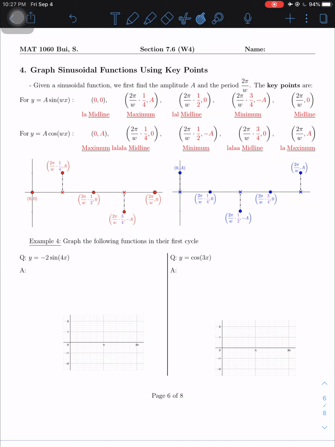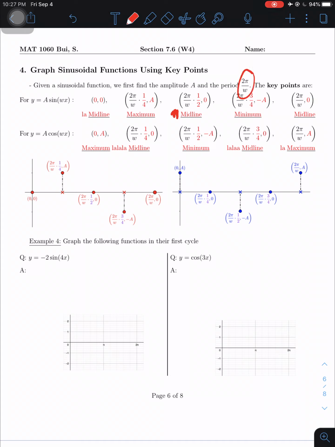Okay, so just like before, this one is a typo, so please ignore this one. It's just midline there. For a sine function, we're gonna have 4 points again, but since we know that the period is 2 pi divided by W, we find the period by using this formula in here.